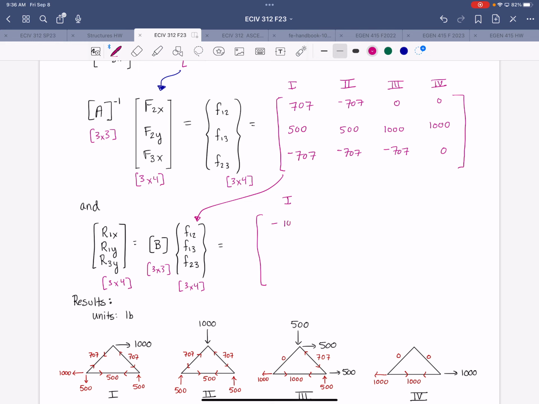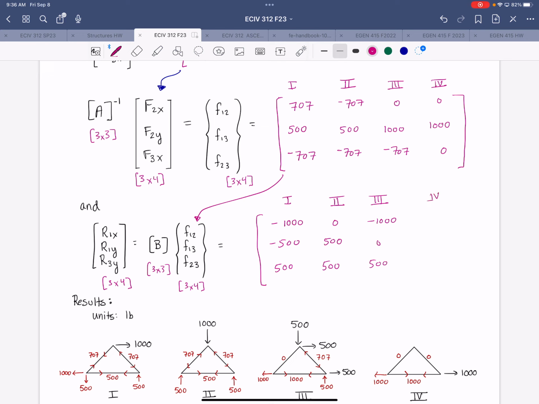So for the first load case, we'd have negative 1,000 is R1X, negative 500 is R1Y, and positive 500 is R3Y. For load case 2, we would have 0, 500, 500. For load case 3, negative 1,000, 0, and 500.